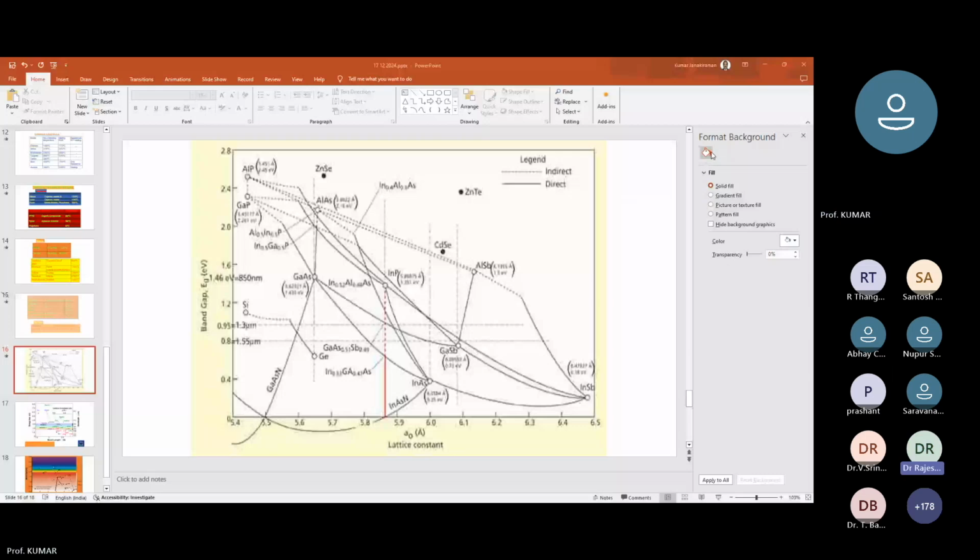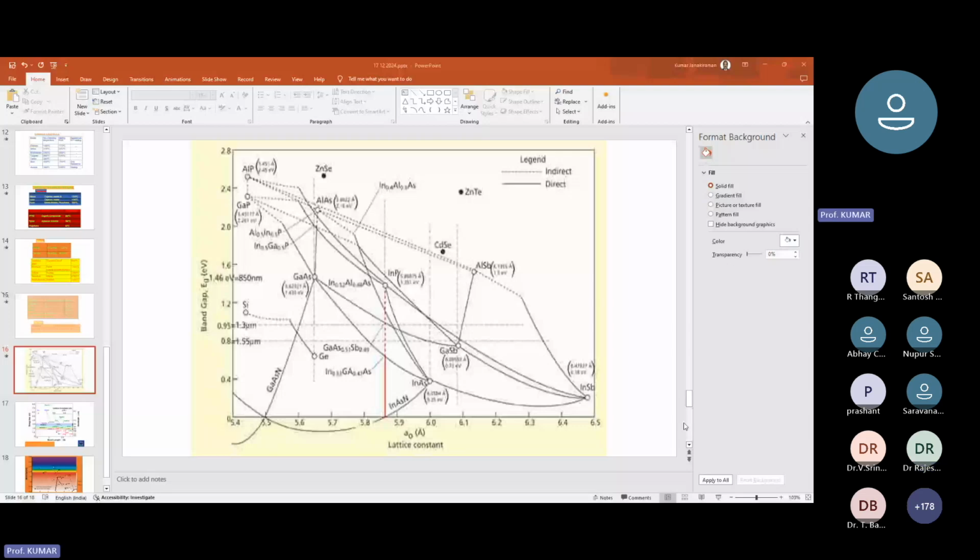Yes. Sir, the slides are not matching with your talk. Yeah, it is not to be matching, but if you can see the slide, I'm only trying to explain what is happening. Are you able to see the slide? Yes, sir. The slide is on lattice constant versus band gap.